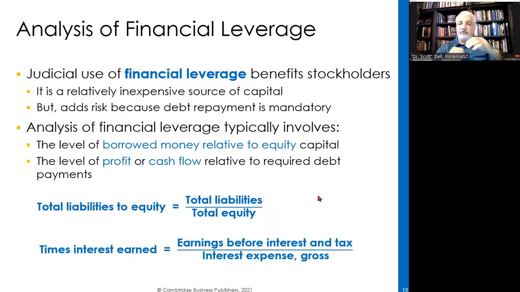So if I have more earnings, that's a higher ratio. I'm better able to pay my interest expense. If that number reduces, I might be a little tighter, and I may not be covering interest expense as well. And that's what times interest earned means. So that's the nature of what we have. That's where we're at.